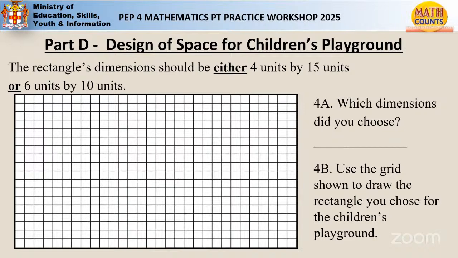All right. So we are saying you get to choose a dimension. Which dimension did you choose? Someone said 6 by 10, no problem. So you are asked now to use the grid shown to draw the rectangle you choose for the children's playground.